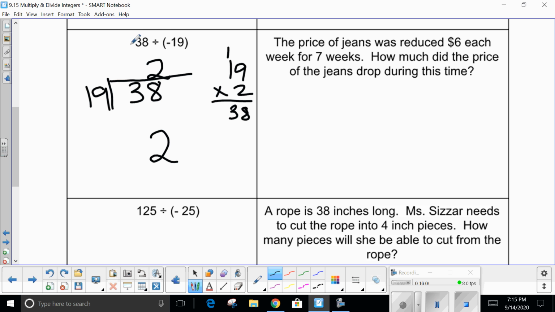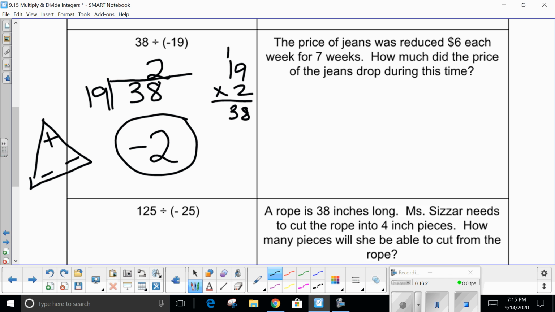We have a positive divided by a negative. So if we use our memory device, I'm going to use the triangle, negative, negative, positive. We have a positive divided by a negative. Positive divided by negative gives me a negative answer. So my answer would be negative 2.